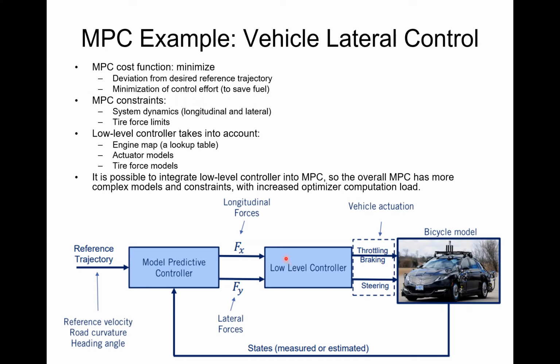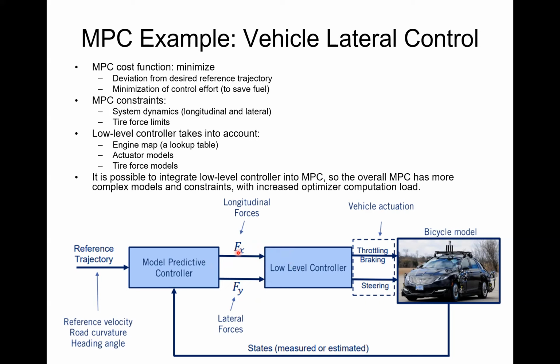So we have a hierarchical control architecture here, where MPC is a high-level controller that issues high-level commands, whereas the low-level controller is essentially a lookup table-based controller that issues the low-level actuator commands.